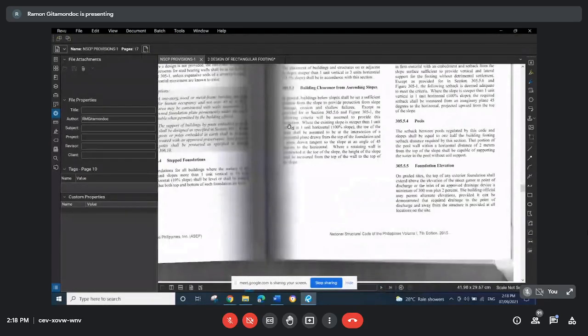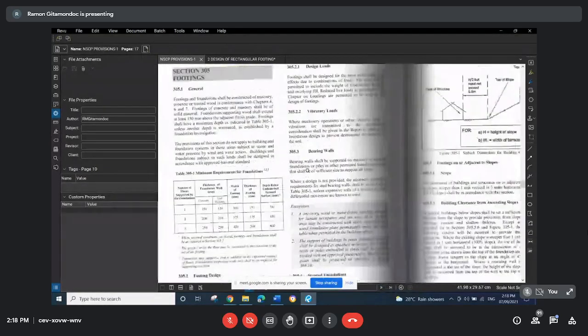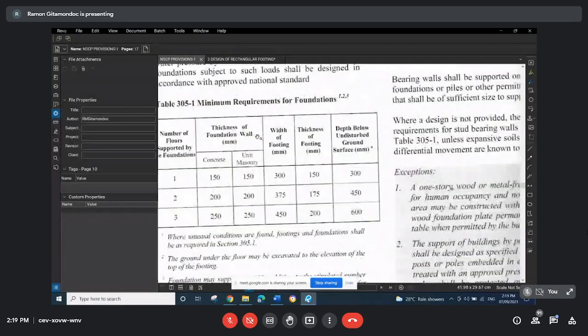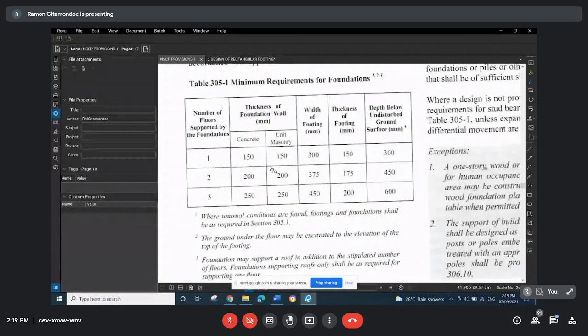Okay, so what else do we have here? You have sectional footing, the minimum requirement for foundation. So this is the minimum dimension, no? Depending on the number of floors to be supported and the thickness of the foundation wall. So you have here the width of the footing, the thickness of the footing, and the depth below the undisturbed ground surface.